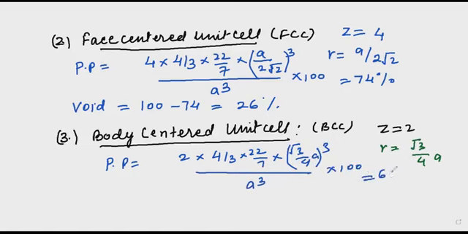That comes to 68%. The empty space or void is 100 minus 68, which is 32%. Clear? In this way we find out all types of crystals, SCC, BCC and FCC.